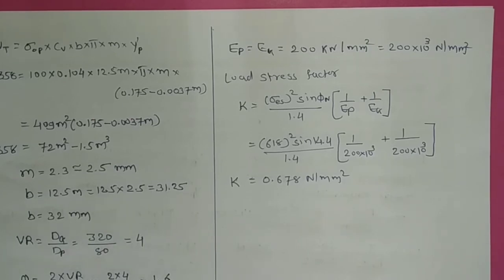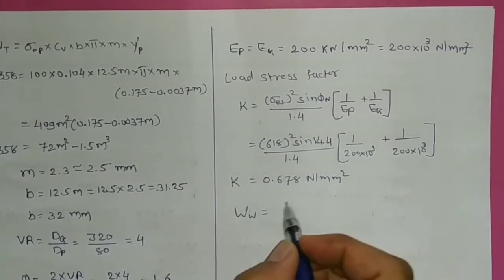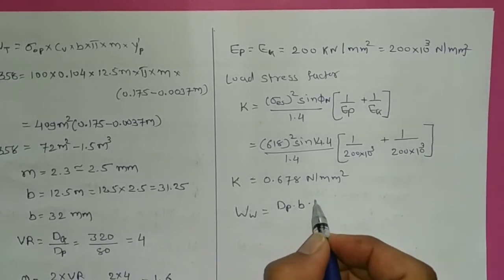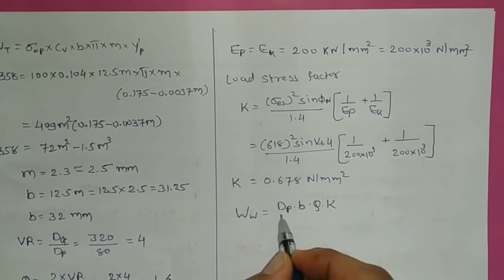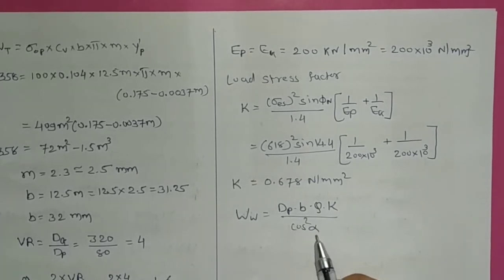Now the maximum or limiting load for wear, WW. The equation for wear load WW is equal to dP into B into Q into K divided by cos square alpha.